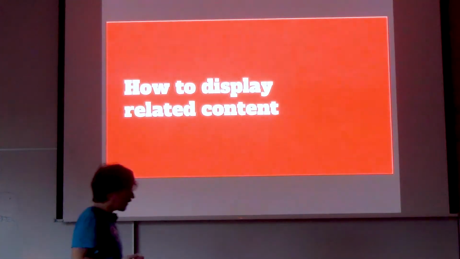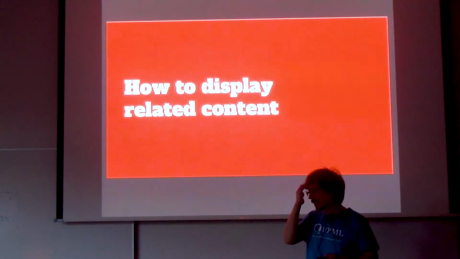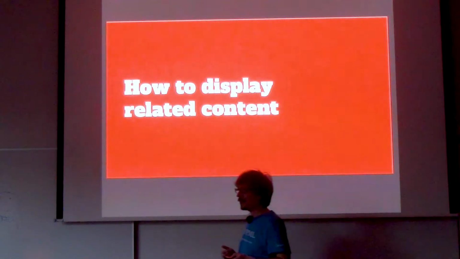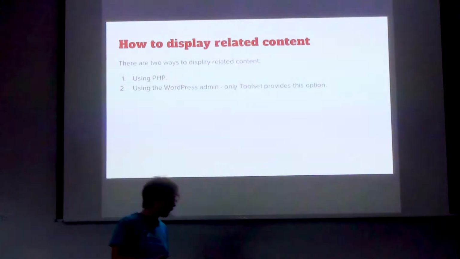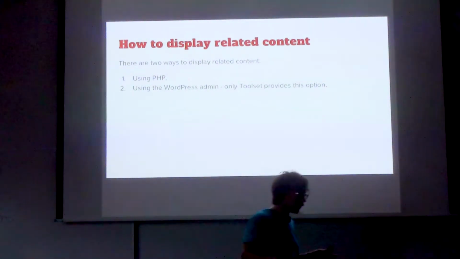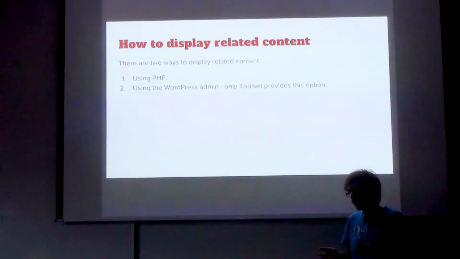So the interesting part is how to display it. As I said, you basically have two options. You can use PHP, or you can use the admin, and again here there is really no option except Toolset for the backend.